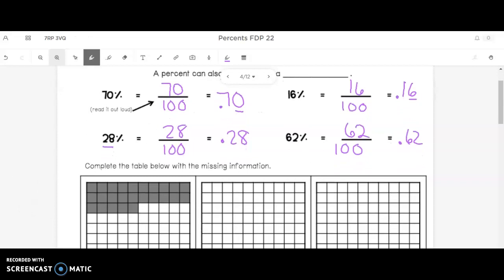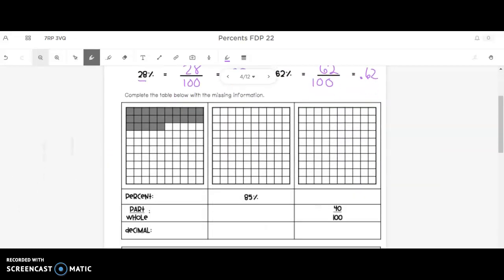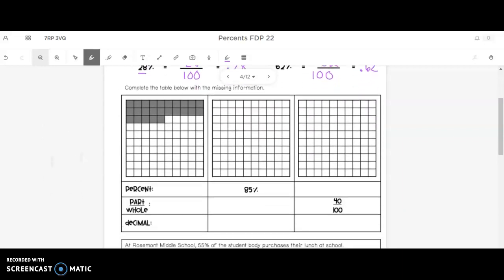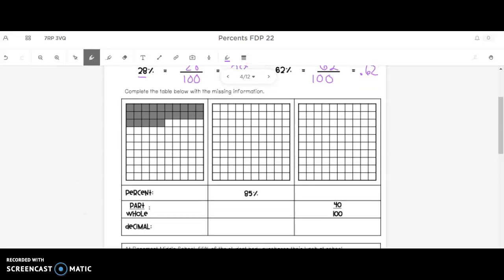All right, this part I kind of did independently. And what it is, is the same value shown 4 ways. In the one on the left here, they did the shading of the hundreds chart for us. In the middle, they gave us the percent, and we have to do the rest. And this last one, they gave us the fraction, and we have to do the rest of that one.